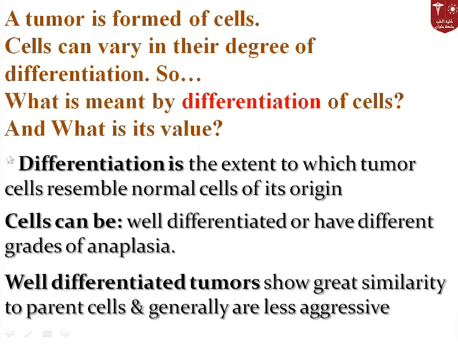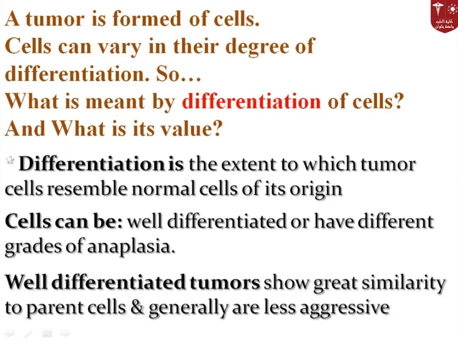Okay? So well differentiated tumors resemble the original cells to a great extent. The rest of the grades of differentiation are less similar to the original cells. And by the way, although well-differentiated tumors have better prognosis, the undifferentiated and poorly differentiated tumors, that have no similarity to the original cells, are aggressive, right?